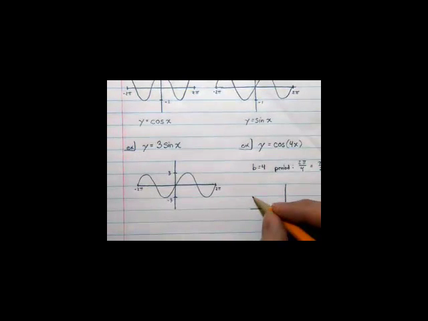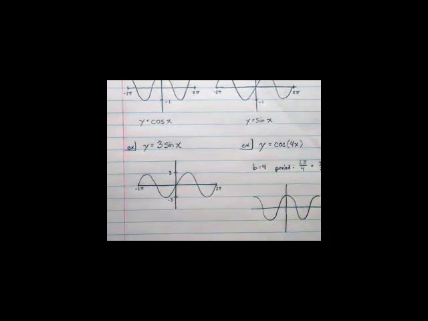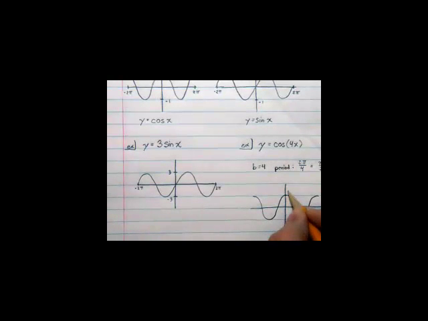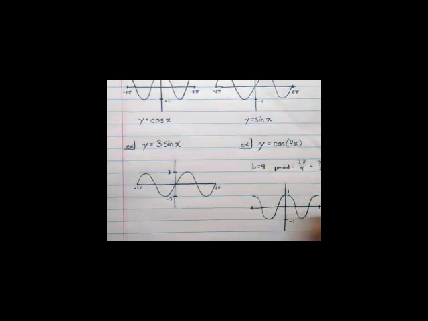So cosine looks like this. Amplitude still 1, right? Nothing in front, so that's at 1. That's at negative 1. What am I going to put here and here, though?